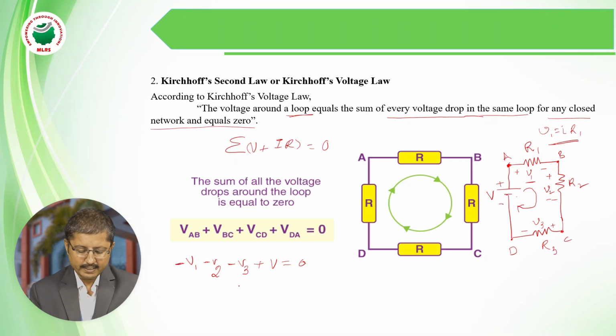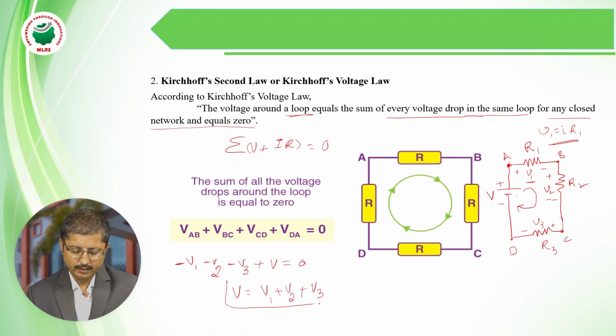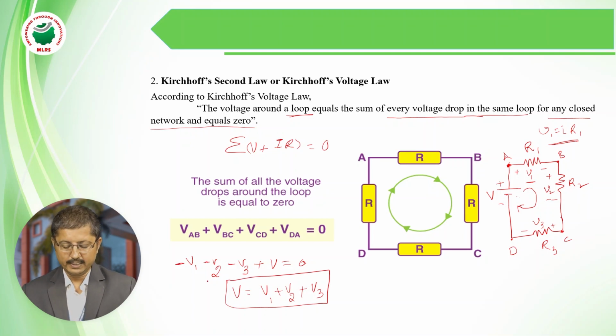From this we can bring all the negative terms to the right hand side, so V is equal to V1 plus V2 plus V3. The total voltage is equal to the individual voltages across each resistor.